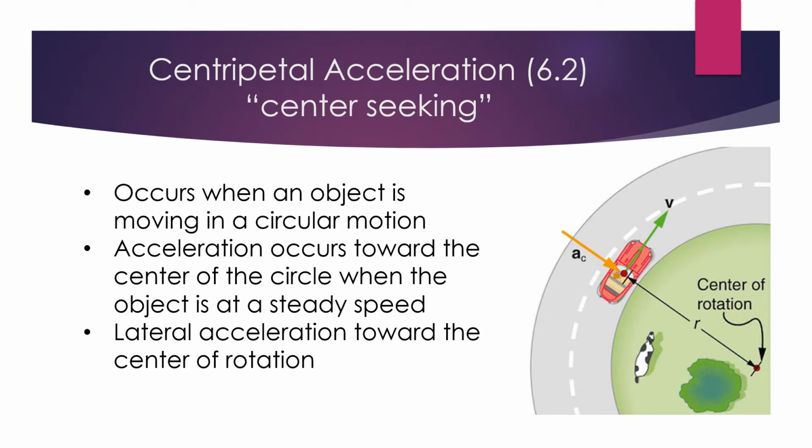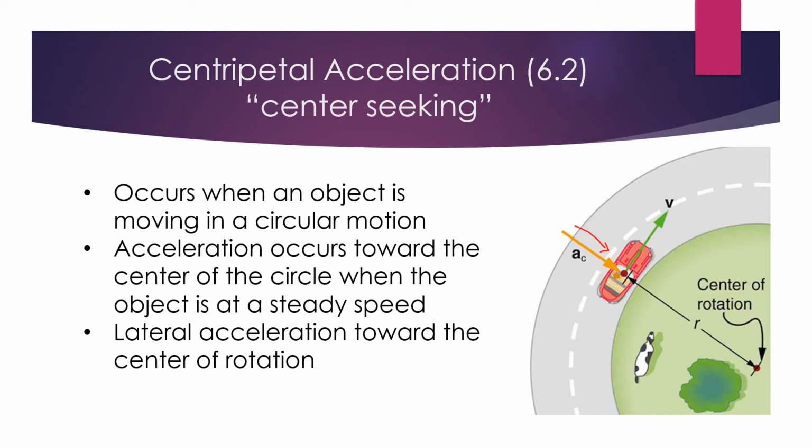Centripetal acceleration is the acceleration that's occurring whenever you're moving around a curve or in a circle. In the picture shown, there's a car moving around this half circle here, and the centripetal acceleration is this yellow arrow that is pointing toward the center of the circle.